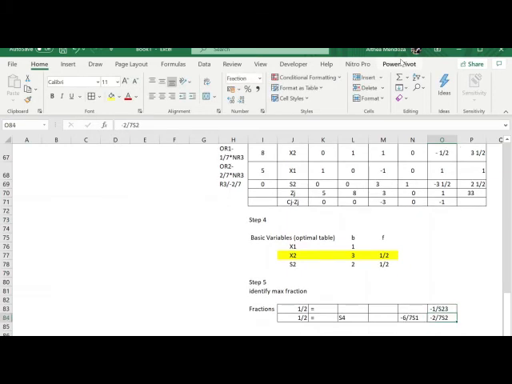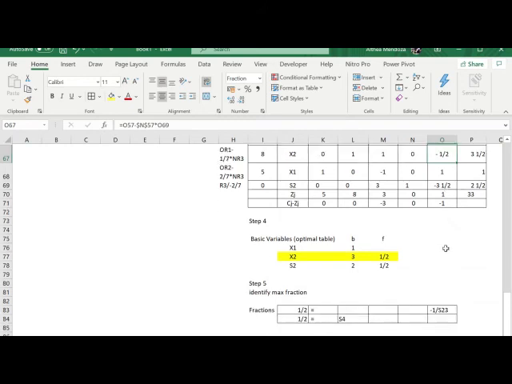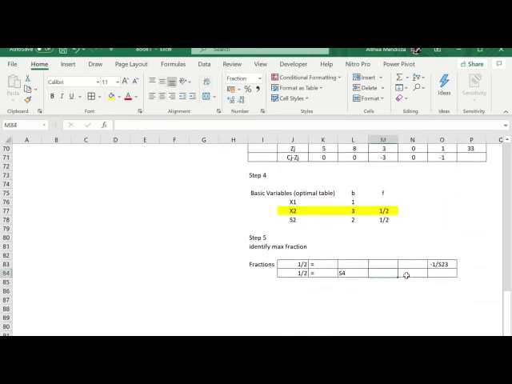Therefore, dito sa baba, S4 lang, at saka yung negative 1/2 S3 ang idadagdag natin, kasi yun na lang ang may natitira kay x2 na non-integer. Dito sa ilalim, ang magiging kasama lang niya ay negative 1/2 S3.